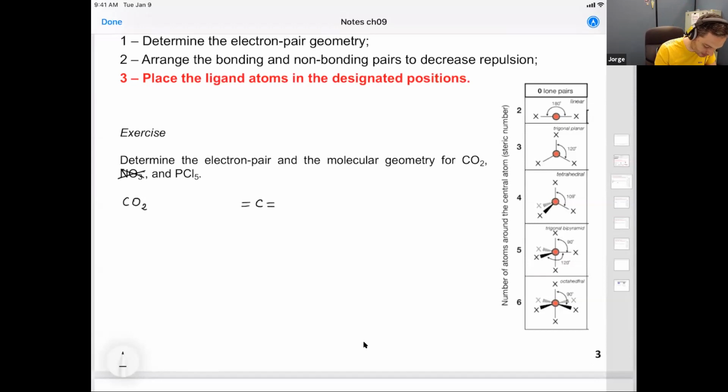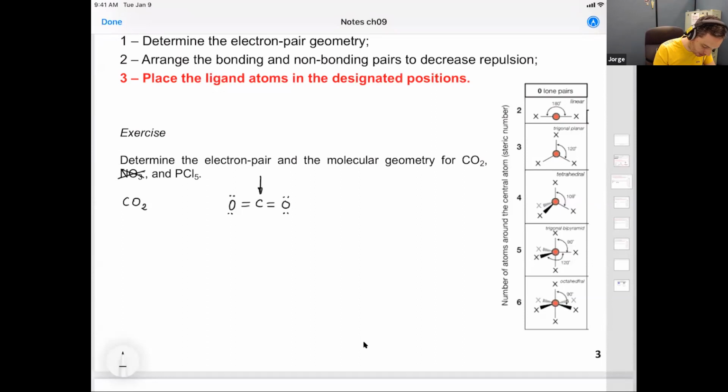We already did this example, and the most stable structure is the one that has two double bonds around the carbon atom, and we are going to fill up the octet for the oxygen atoms with the leftover electrons. And again, for the geometry, we're going to look at the central atom.